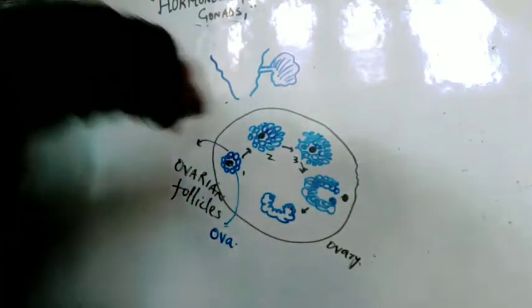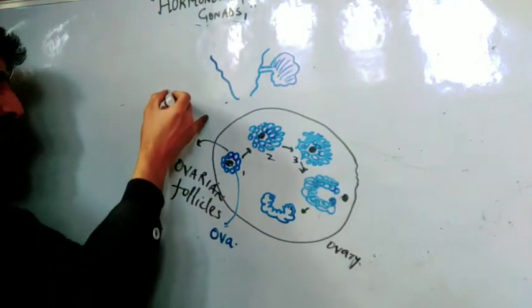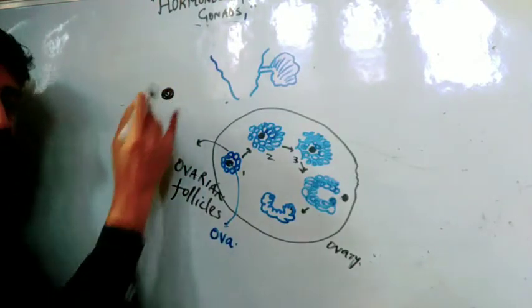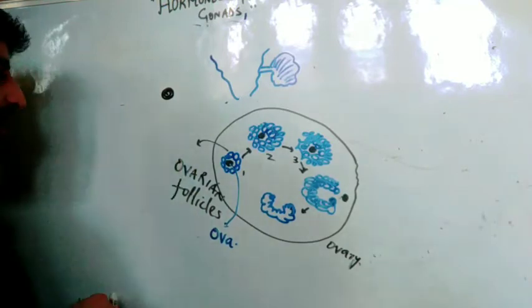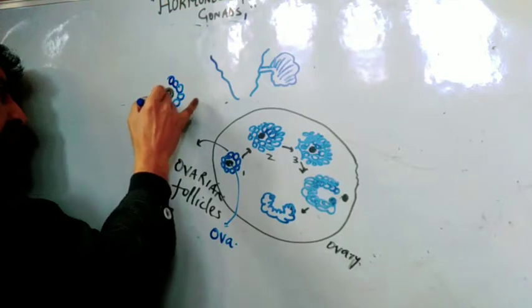If we analyze one ovarian follicle, each ovarian follicle contains an egg. Along with the egg, there is present a special epithelium, a special covering.